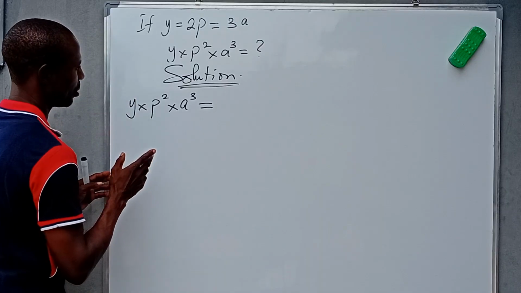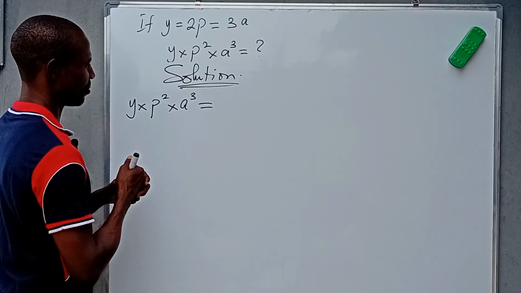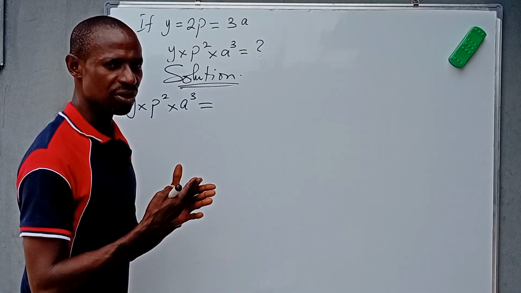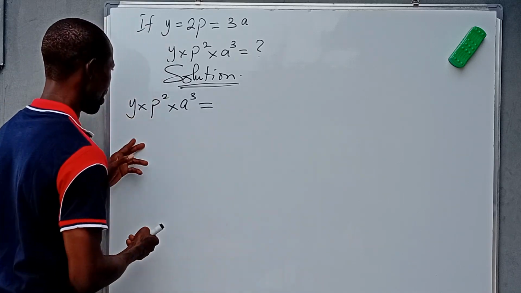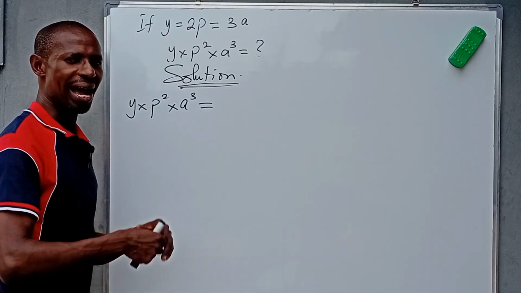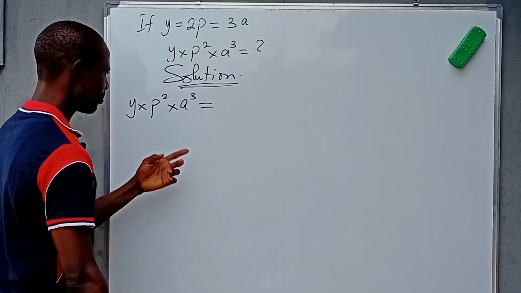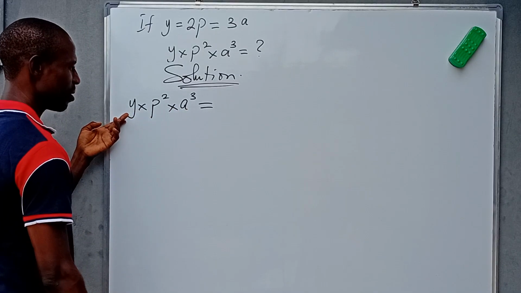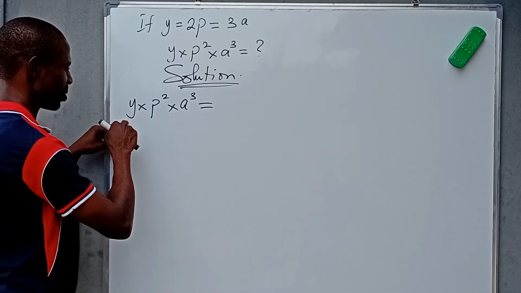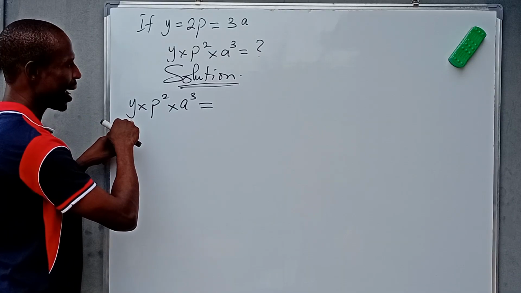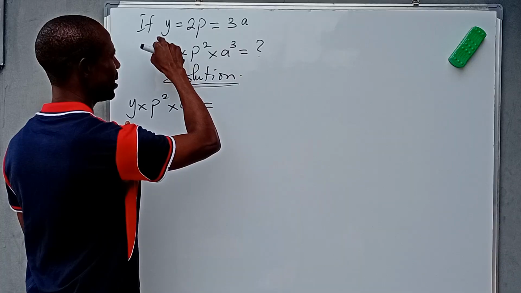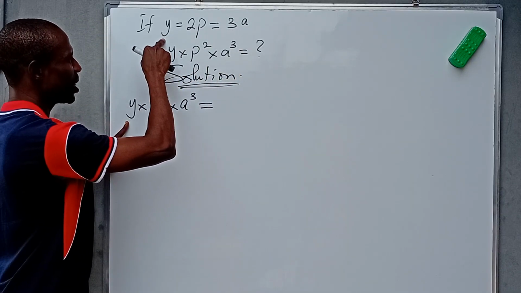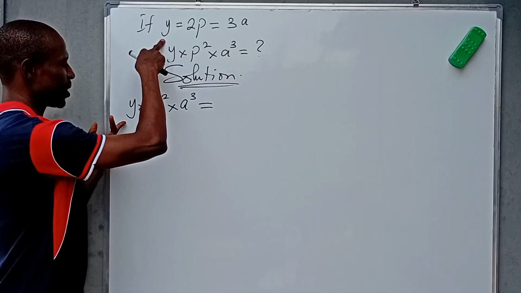In other words, I want to first express the whole of these quantities in terms of a, then followed by p and followed by y. So if I have to make everything a, I'm going to look for the relationship that is linking y and a in the given first equation. In place of y, I want to replace it with a.